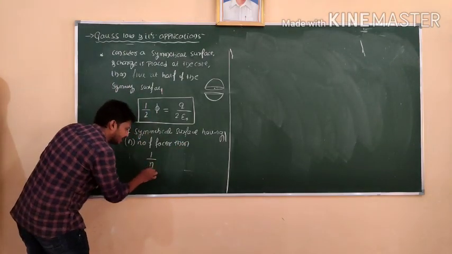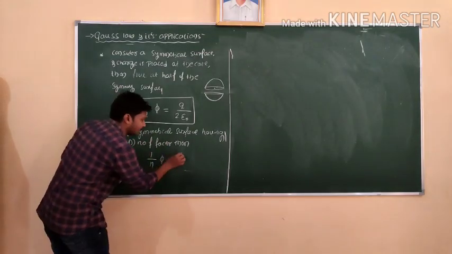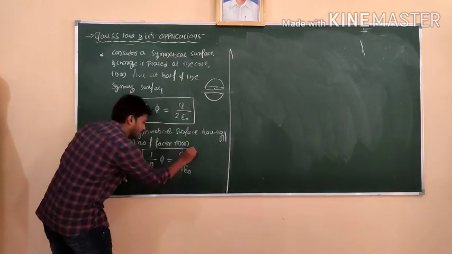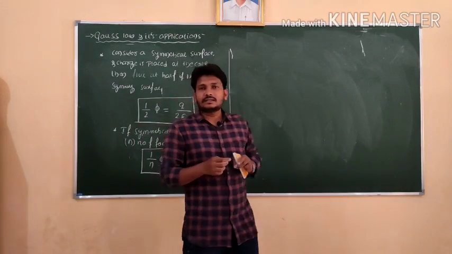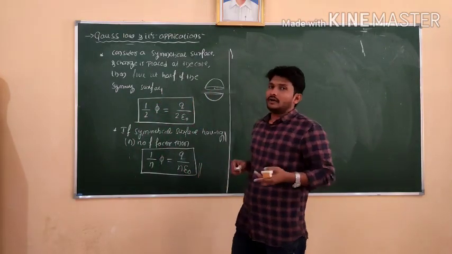Let me write 1/n into phi. So it is equal to what? Q divided by n into epsilon naught. This equation is applicable for a symmetrical surface if it has n number of faces.